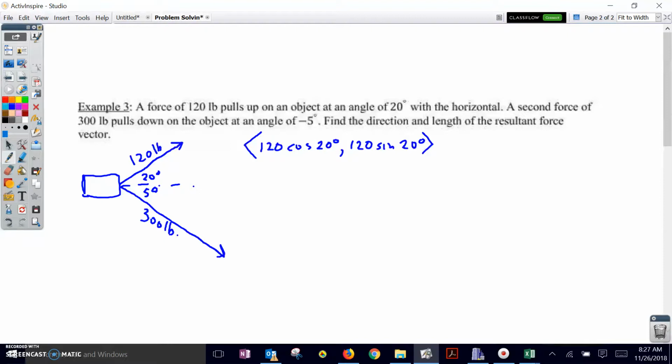That takes care of the first vector, the one pulling up with a force of 120 pounds. And the other one, 300 cosine of 355 degrees.